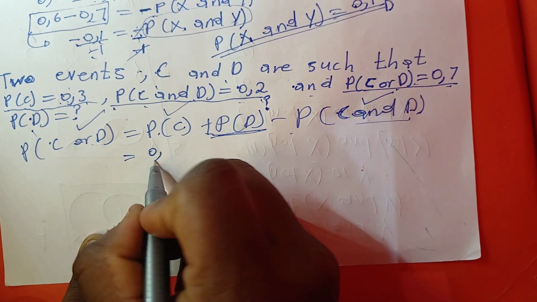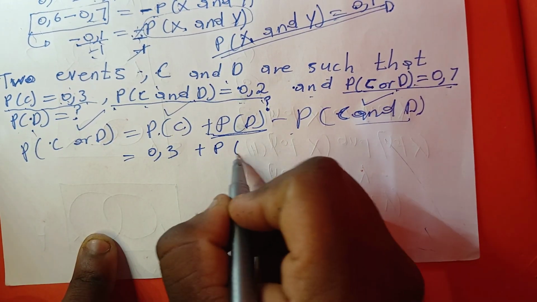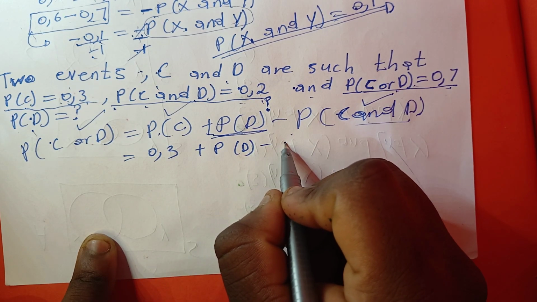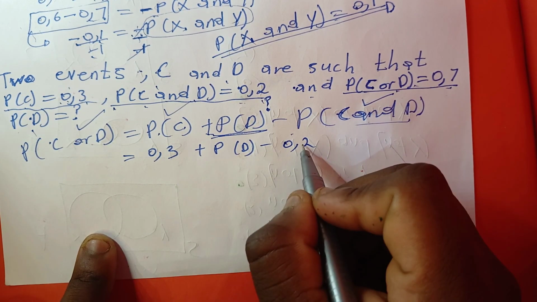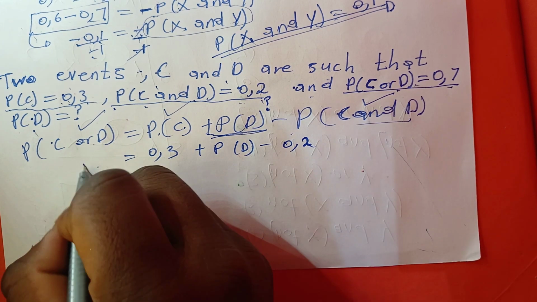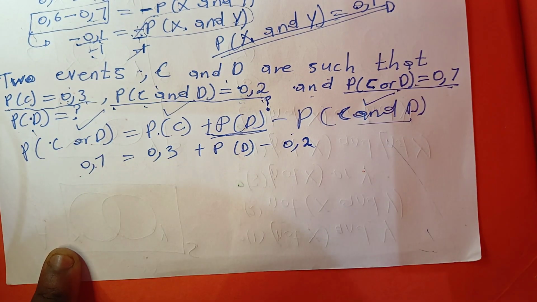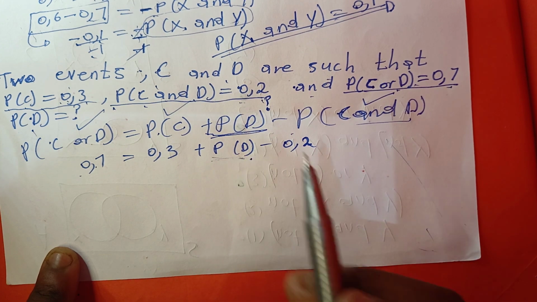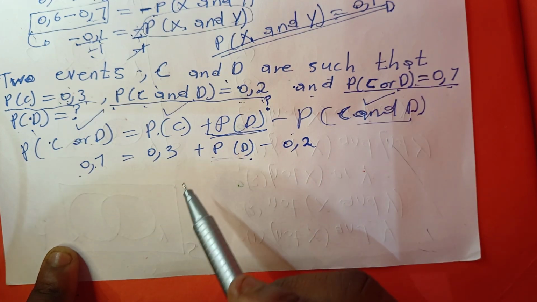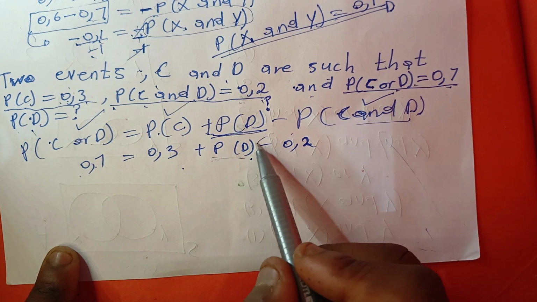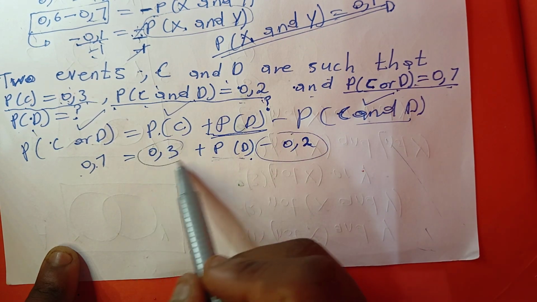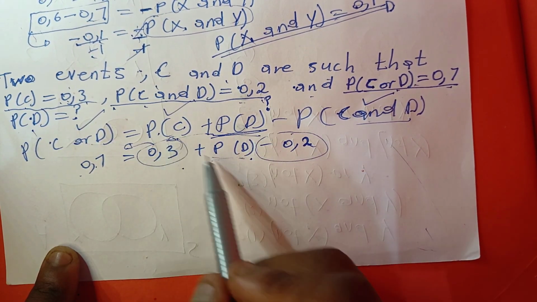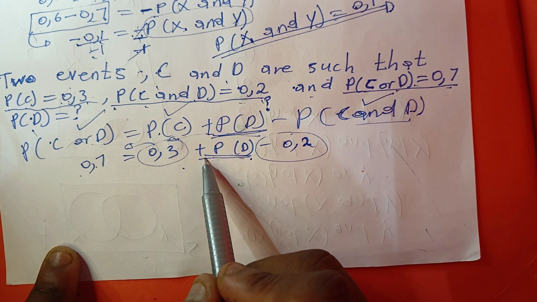Here it's 0.3 plus P(D) minus 0.2, and here it's 0.7. So here you can see that we have only one unknown value, meaning that you can solve this. So to solve this, we can combine this one and that one, or let's just take them to the other side at once, so that what we are solving can be alone.